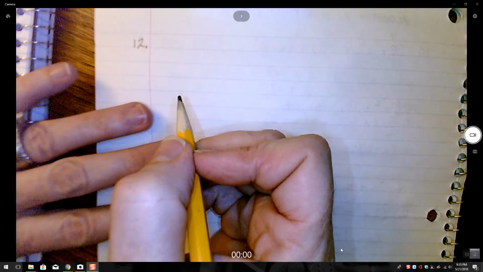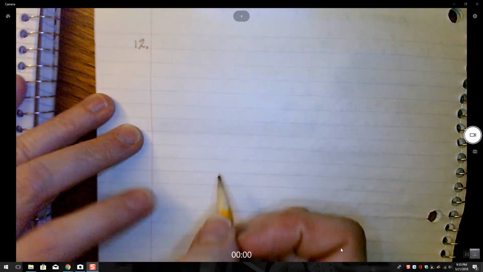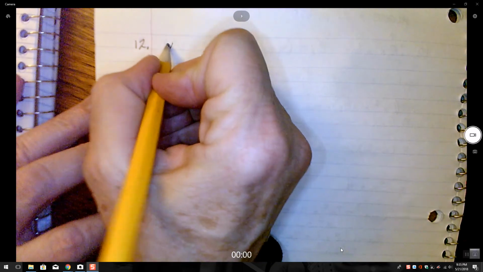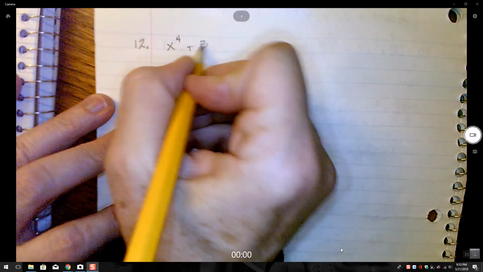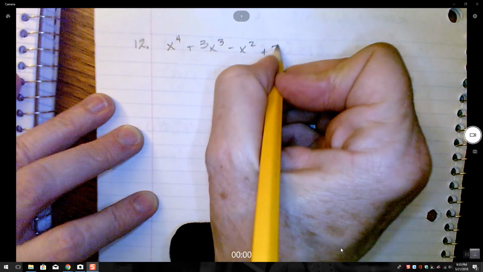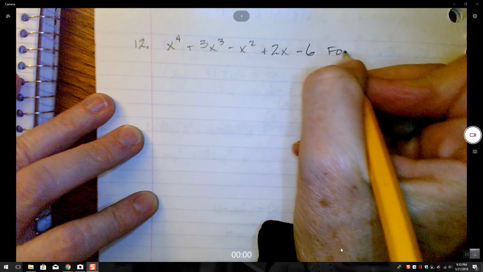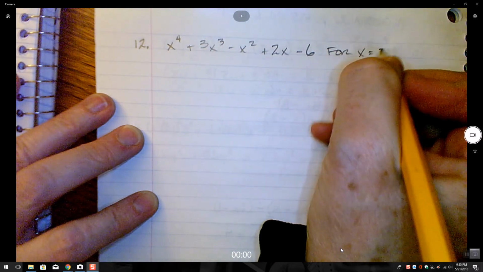On to problem 12. For this one, we're asked to use synthetic substitution. The problem is x to the 4th plus 3x to the 3rd minus x squared plus 2x minus 6 for x equaling 3.